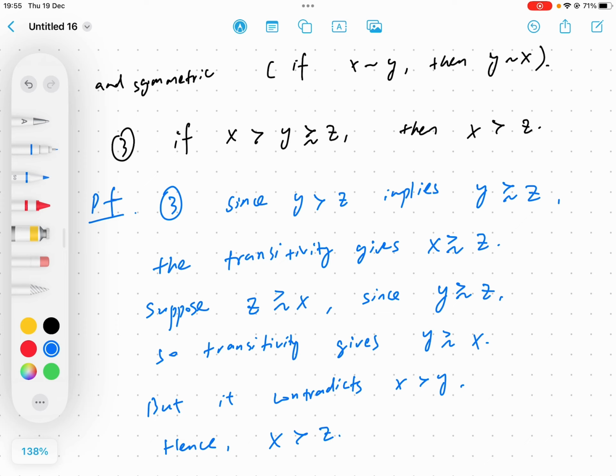So this cannot be true, so this has to be true, right? Okay, good. All right, so that'll be the third result that we have proved.